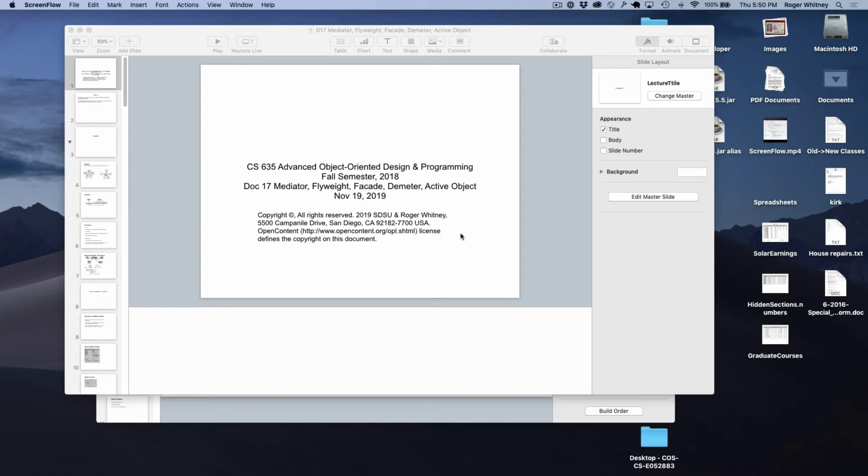So in some of these patterns, there are roles that classes play. And the context is what? A clearer one to talk about is the originator.